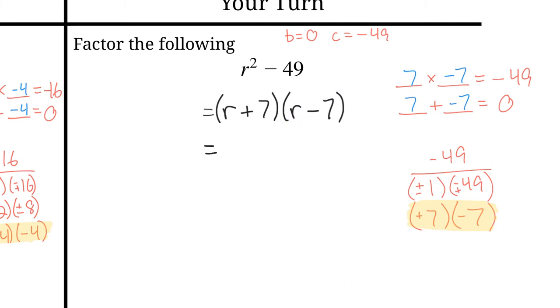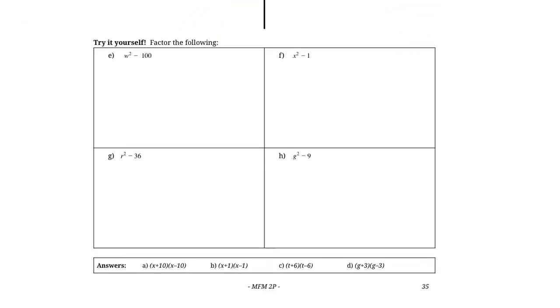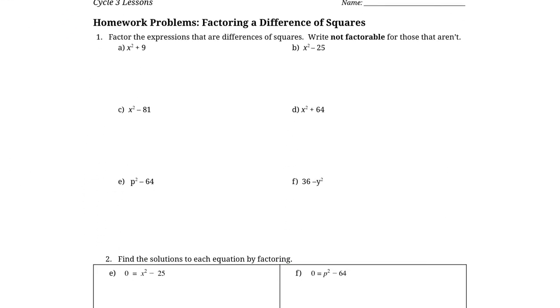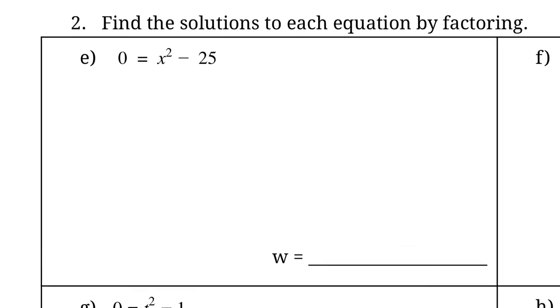Or you may have written r minus 7 times r plus 7. That's exactly the same thing. So it doesn't matter if the r plus 7 comes first or if the r minus 7 comes first. These are both correct. And go ahead and practice factoring a difference of squares, and you may notice that you see a pattern, or you might be able to find a shortcut that will help you factor these.